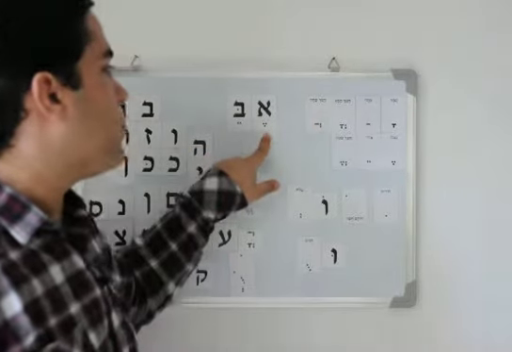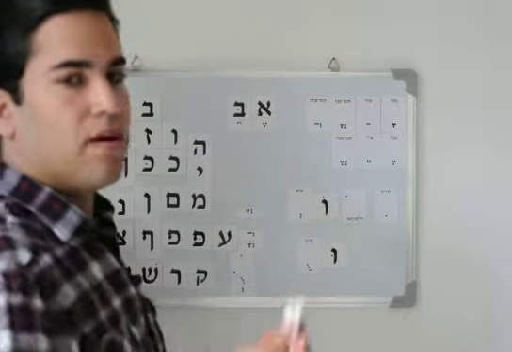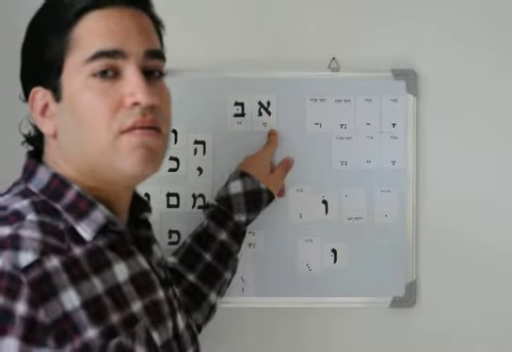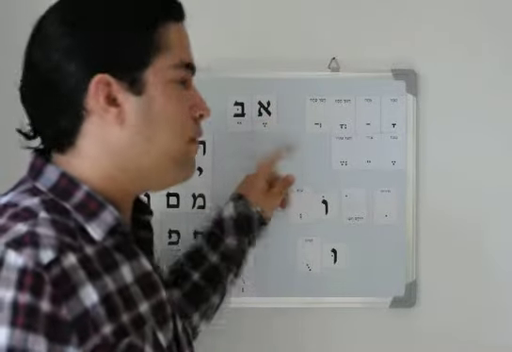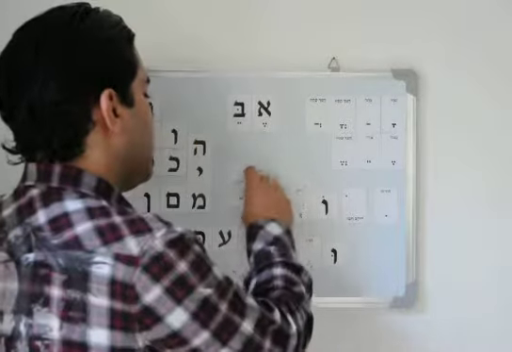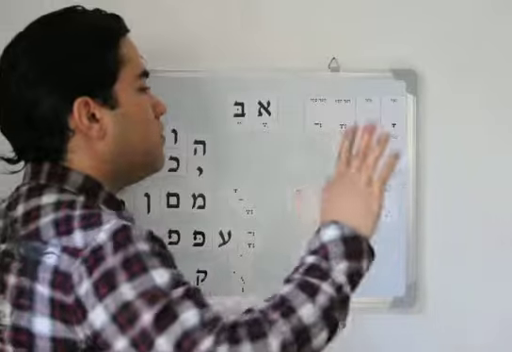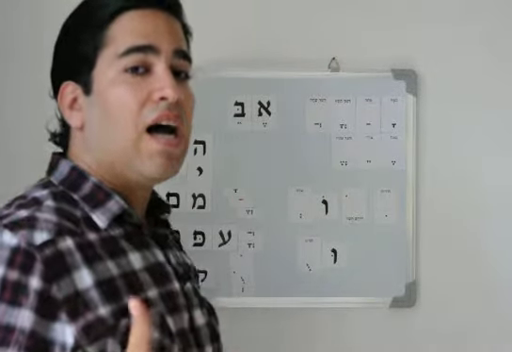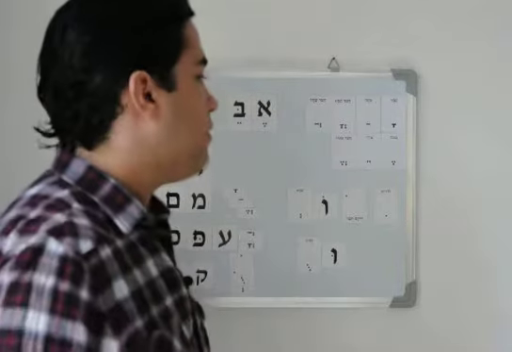See? What we do is just change from Kamatz and Patach to Segol and Tzere, and the sound changes to E. That's the way it works in Hebrew. So right now we know two kinds of Nikud, A and E.